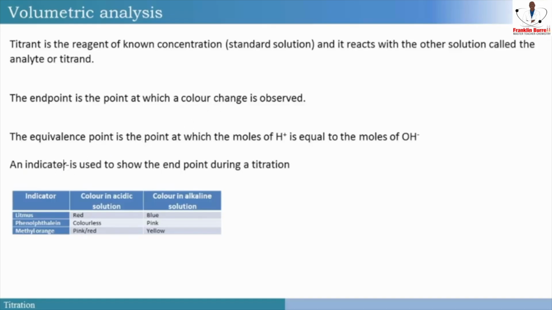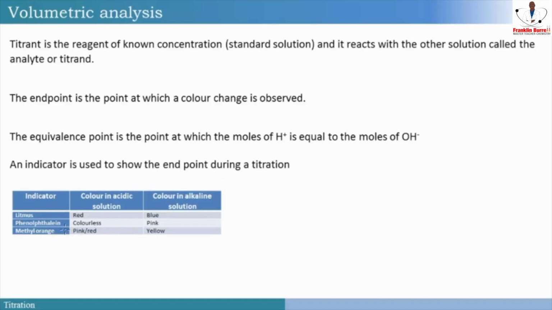And so we use an indicator. The indicator is the solution that we use to tell us when to stop the titration. The indicator indicates the point at which the reaction has ended. Now we have different types of indicators.